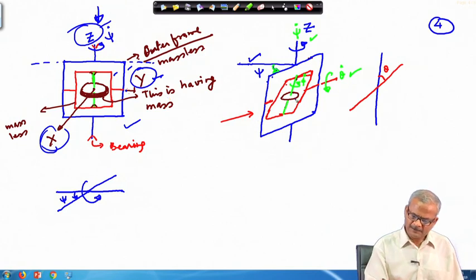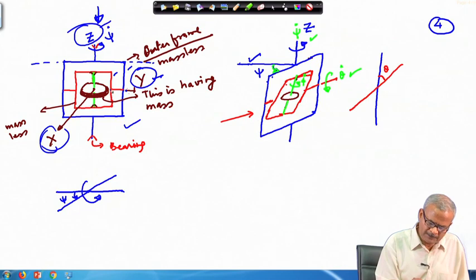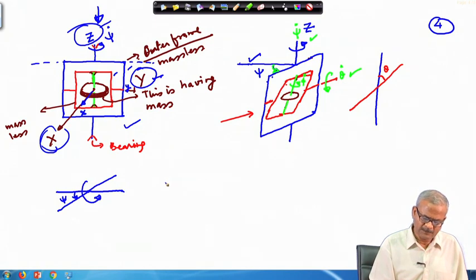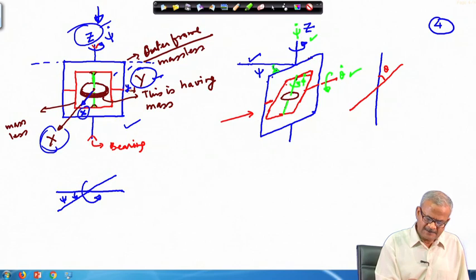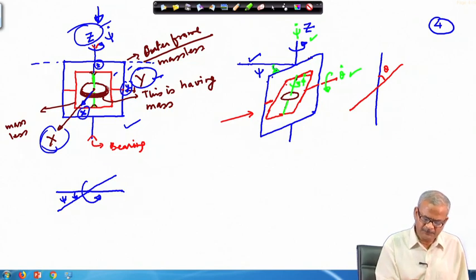But the small axes are the ones we have chosen as the body axes. So, right now in this direction I choose the x axis and along this direction I choose the y axis. The small z axis will be along this direction, but it is fixed to the red frame.